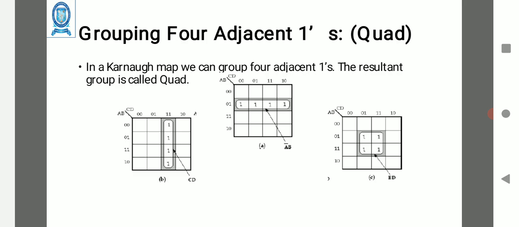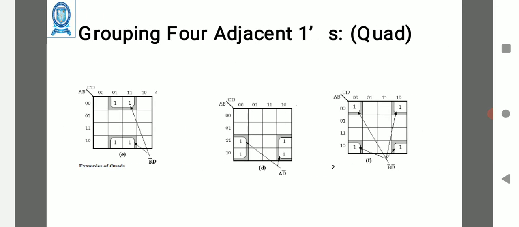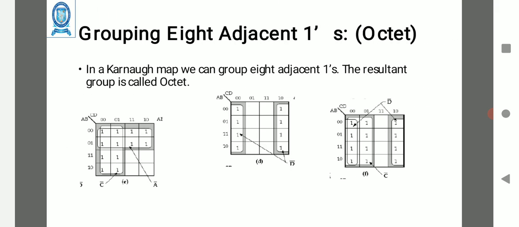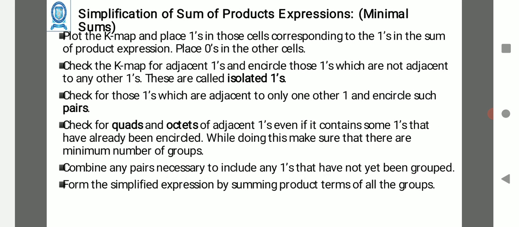This is how we draw a Boolean expression using the Karnaugh map. First we create the K map, then group the cells with the same value and find the prime implicants. Next we identify the essential prime implicants and write the minimized expression, including don't care terms. This is for 4 adjacent and 8 adjacent cells, and the simplification of the sum of products expression is given in this part.